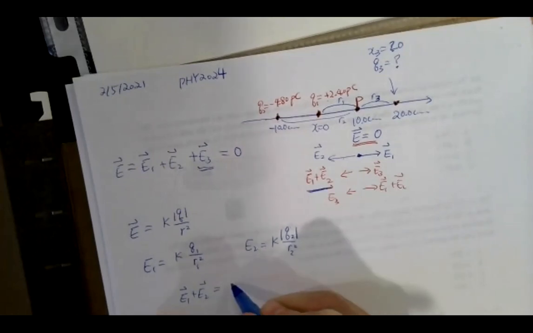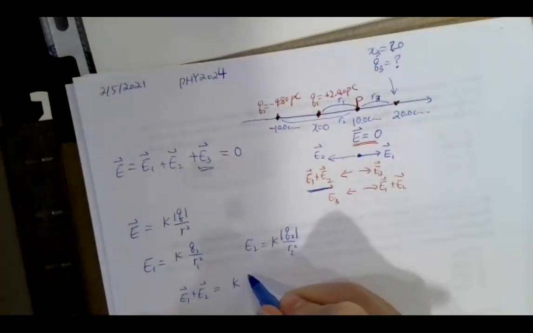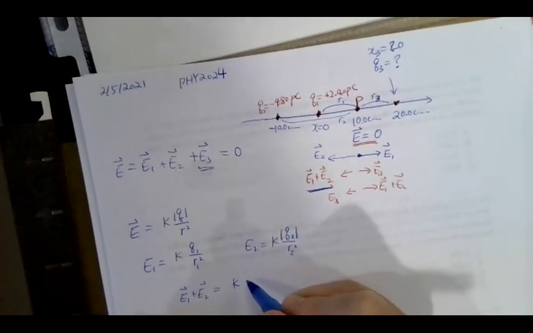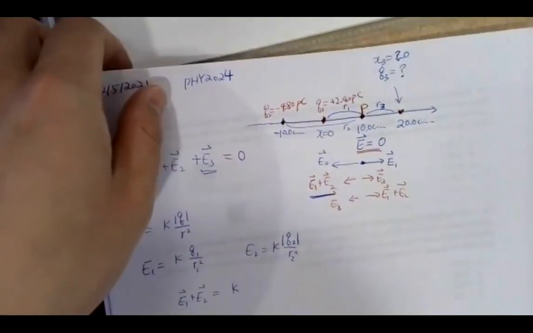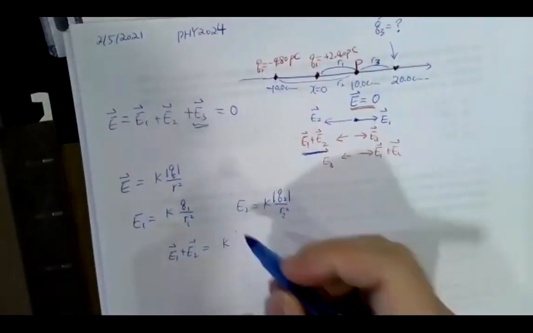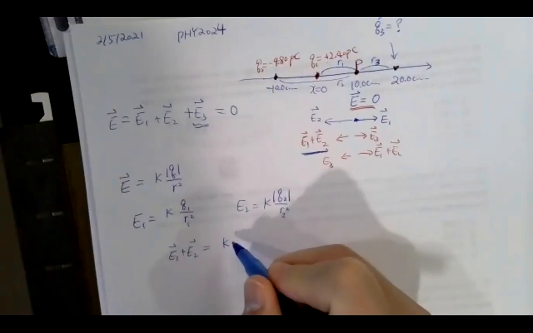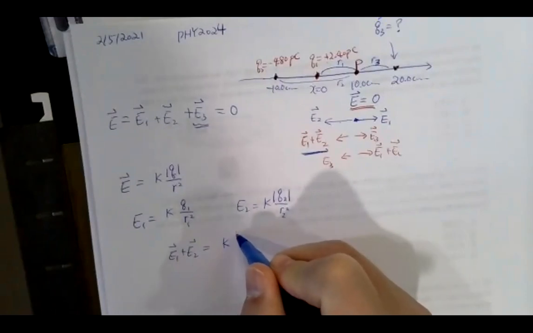will be equal to positive K Q1. We can put in the numbers here. You can include K here, or you can leave it out for right now.